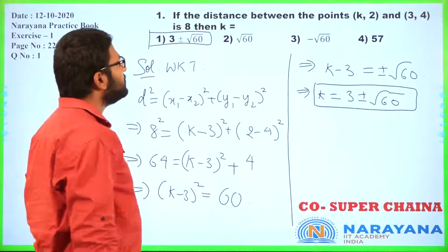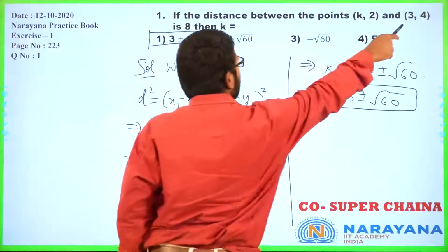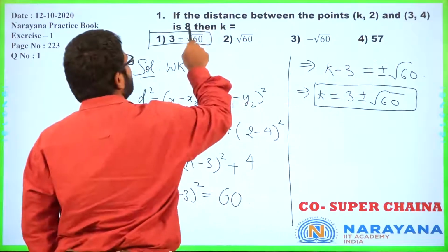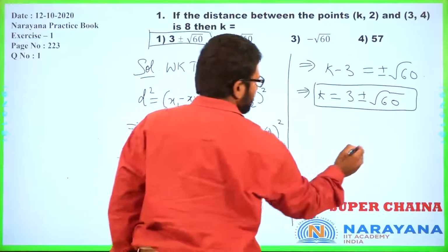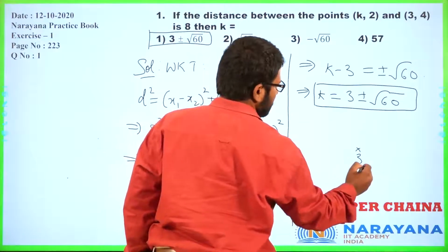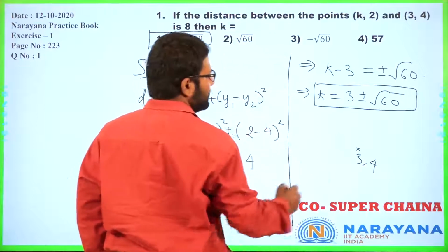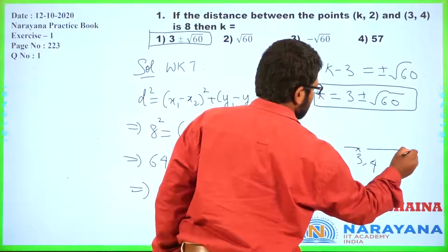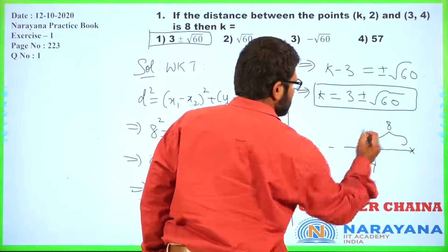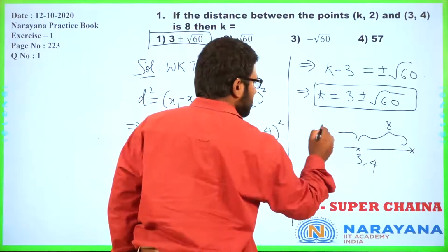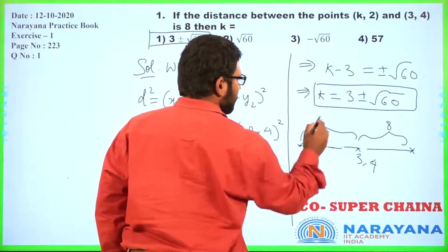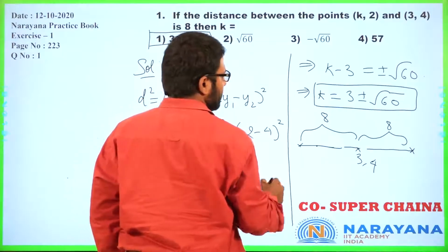You can think of it as, from a given point, we are trying to measure a distance of 8, right? So let us say this is the point (3, 4), and we are trying to measure a distance of 8 units. But you see, there can be another point on this direction which is also at a distance of 8 units, right?